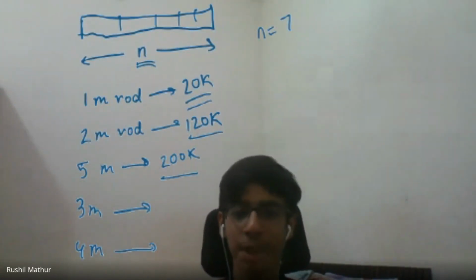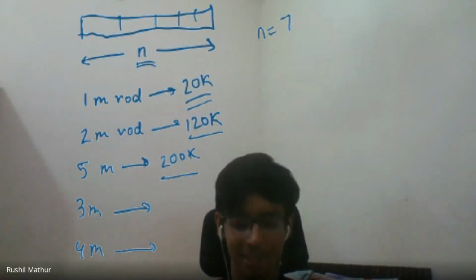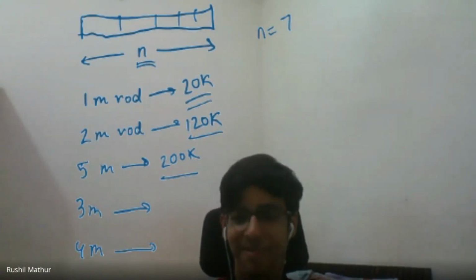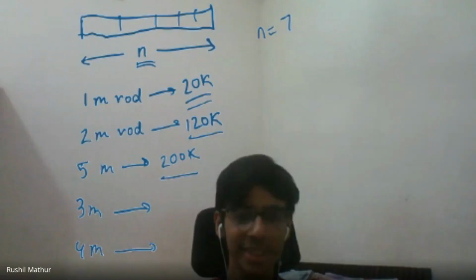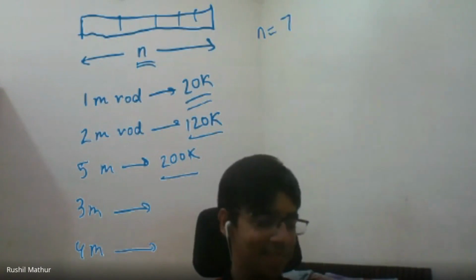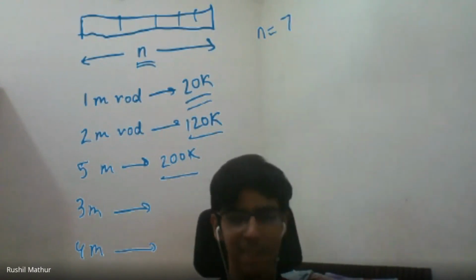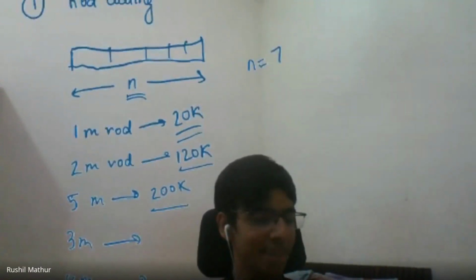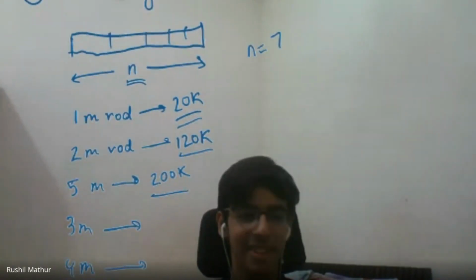Everyone has got the problem? Is there any issue in the understanding of the problem? No problem. Okay, great. Good. It's an interesting problem, and it's one of my first problems in dynamic programming, if I remember correctly.